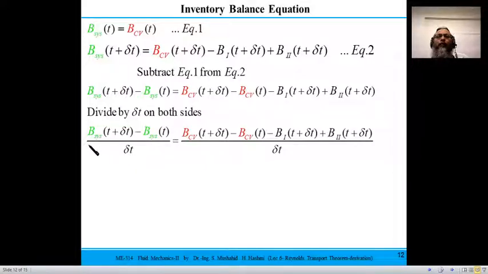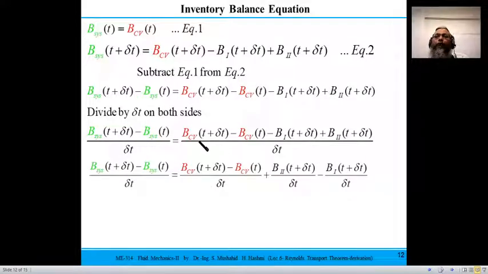So it is the extensive property at time t plus delta t minus the extensive property at time t. So this is a change. Similarly, this is a change in the region of interest, which is the control volume. And this is the mass which has left the control volume, and this is the new mass which has entered into the control volume.